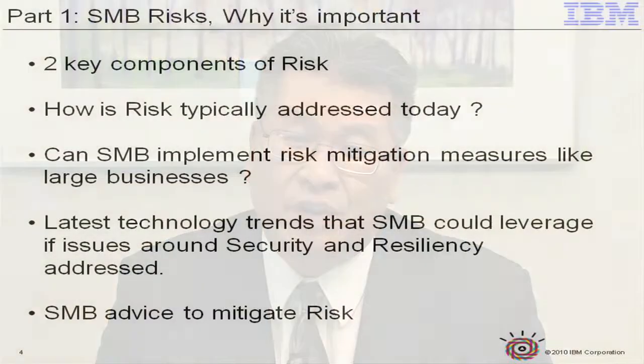The issue that they're really going to deal with later on down the road is around security and resiliency, because as they change their internal infrastructure, they're going to open up to all kinds of threats and exposures. And then also, as they go into more virtualized environment, resiliency becomes key for the simple reason that their systems have to be up all the time. They've got less servers to rely on if something fails.